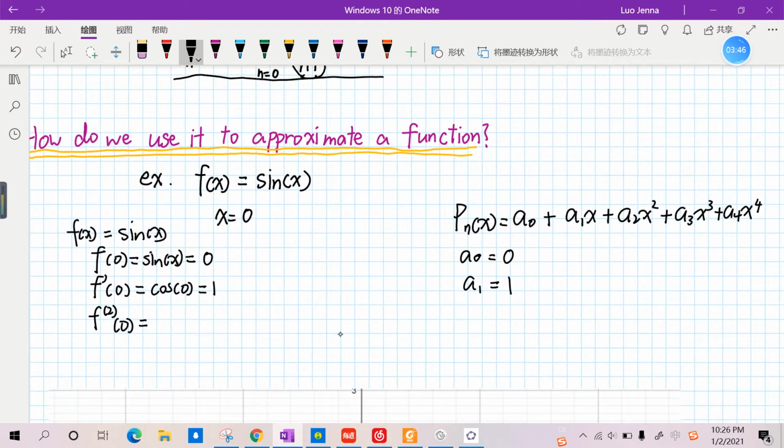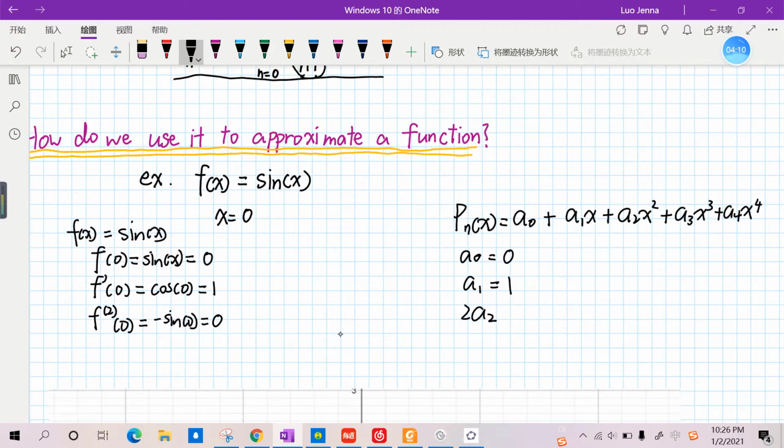So it equals minus sine 0. And it is 0 again. At this time, we need to take the second derivative of P(x). So we cancel a0, we cancel a1x, and here we are left with 2a2.